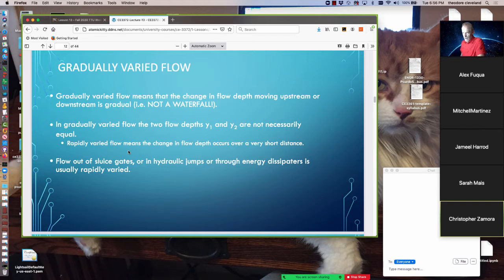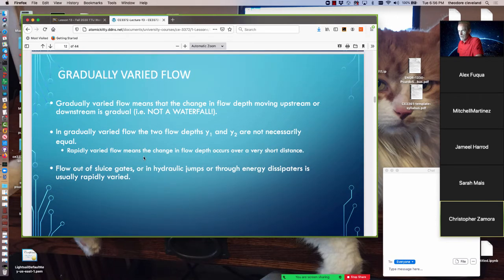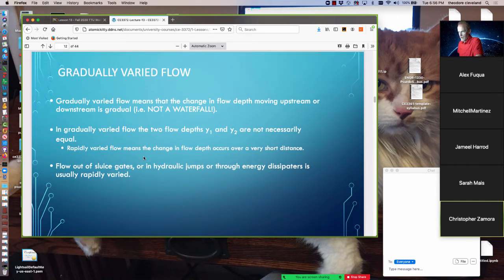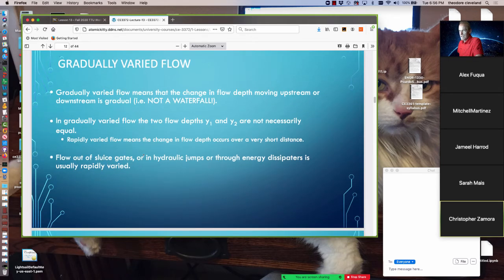So examples of rapidly varied flow that you've all already seen were in the hydraulic lab, where in one of the lab exercises, they produce a hydraulic jump, or they produce flow through an energy dissipator, or they produce flow out of a sluice gate. Those are all examples of rapidly varied flow situations. That's outside the scope of this class, and in general, we probably don't want rapidly varied flow in our stormwater system very often. It's going to occur at inlets, that's unavoidable.